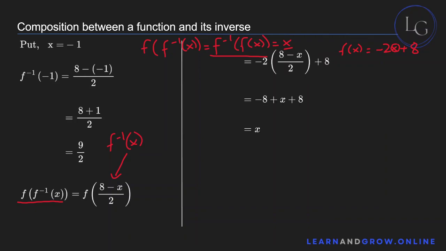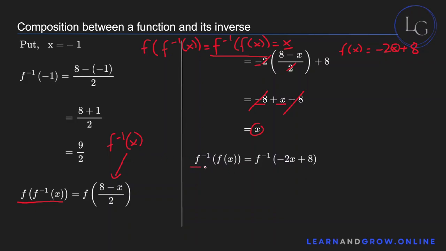So that equates to x, right? Because you can cancel out this 2 and this 2, and then multiply this minus sign with 8 minus x, so you get -8 plus x, and then you can cancel out this -8 and this +8, so you get x.